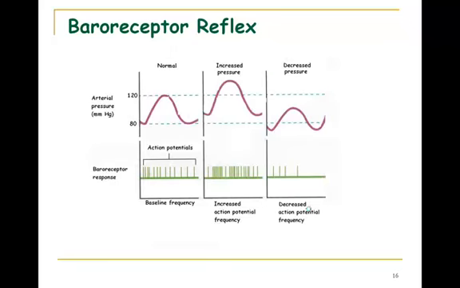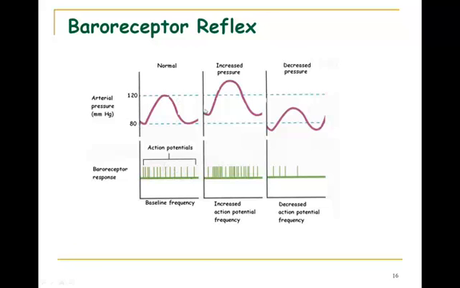What I want to show you is what happens if your mean arterial pressure increases. On this picture to the far left, this shows you your normal pressure range. Here's your systolic, here's your diastolic. Your mean arterial pressure, according to Guyton, runs about 100 millimeters of mercury, but it's actually less than that. Around your normal blood pressure, this is your baseline frequency, or the firing rate of the baroreceptors.